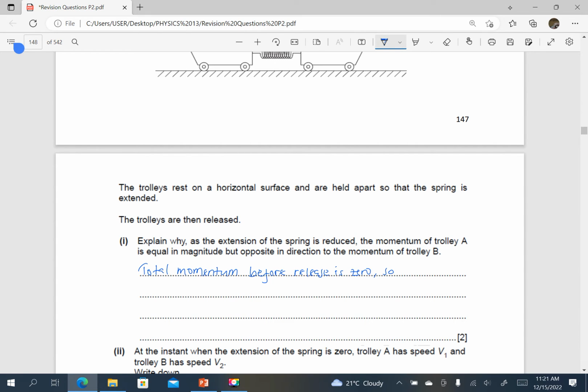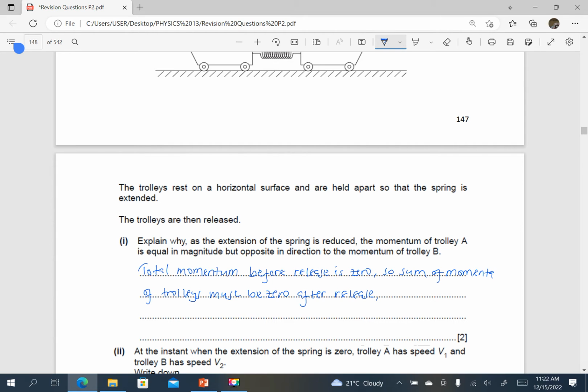So the sum of momenta of trolleys must be zero after release.